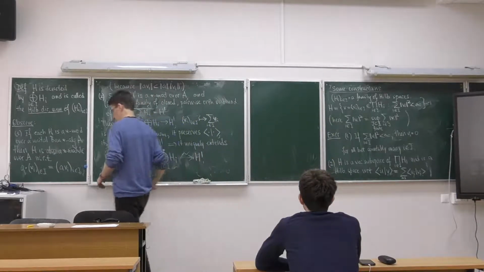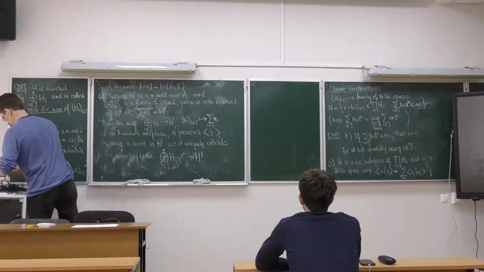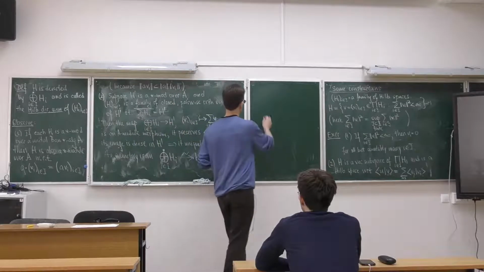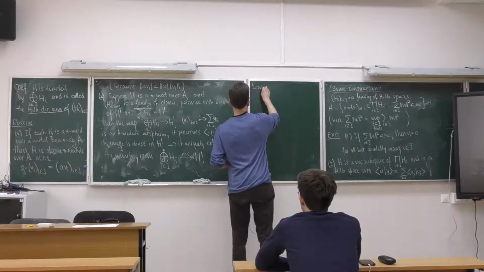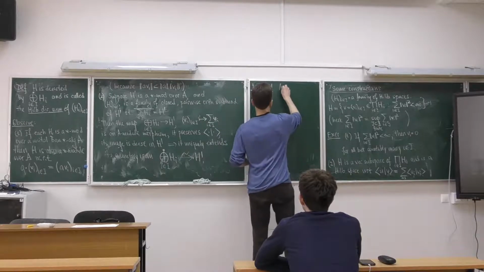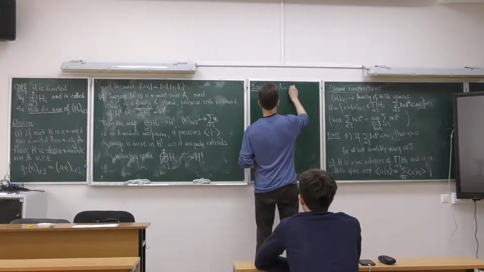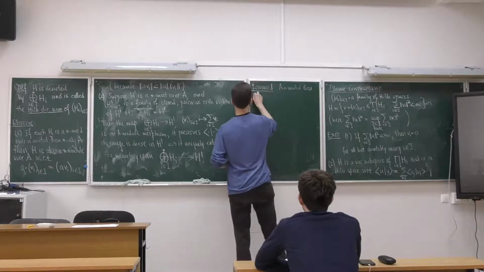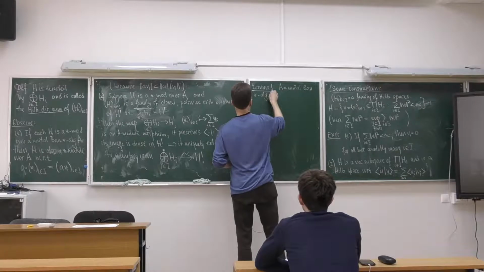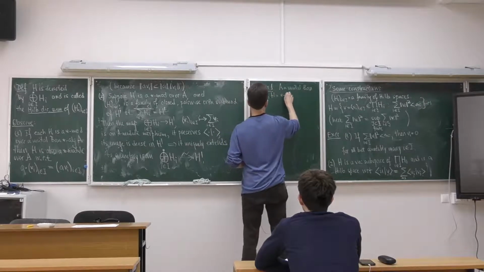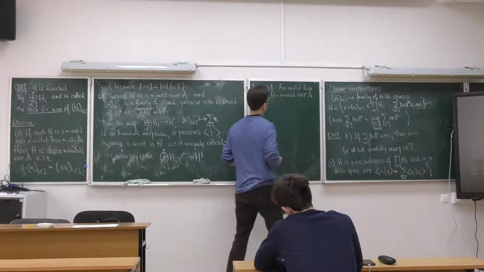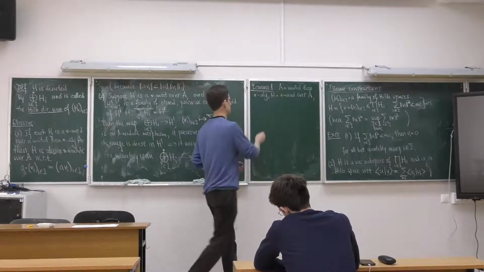Okay, let's now prove two useful lemmas about star modules. Lemma 1. Suppose that A is any unital Banach star algebra, and H is a star module over A. And suppose that we have a submodule, H0.